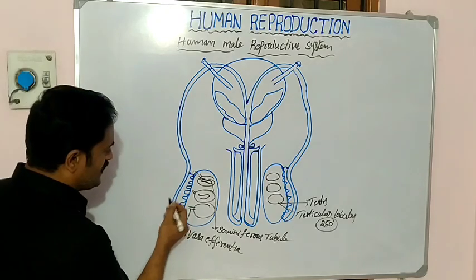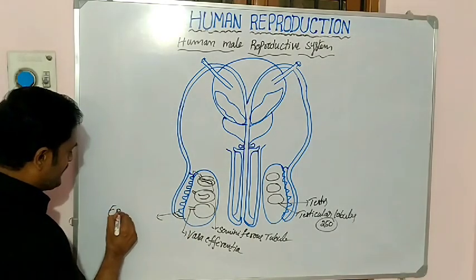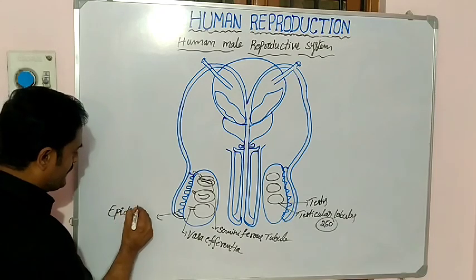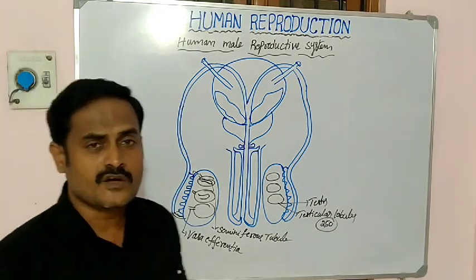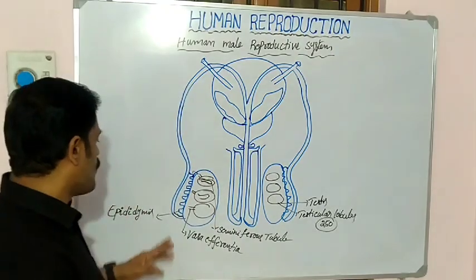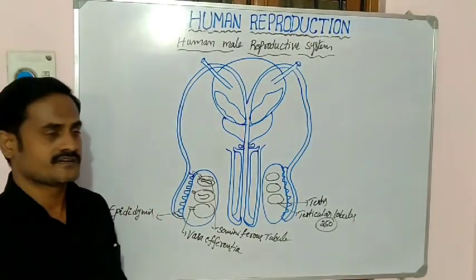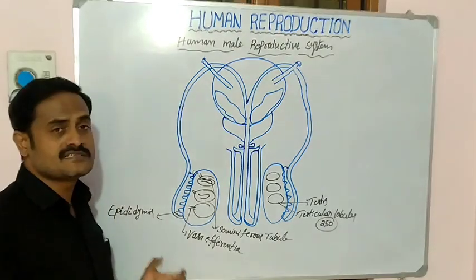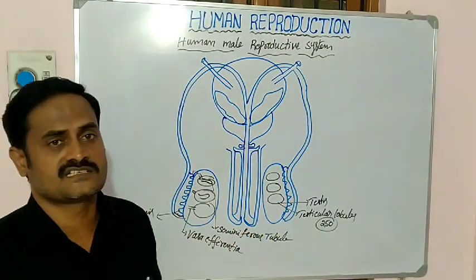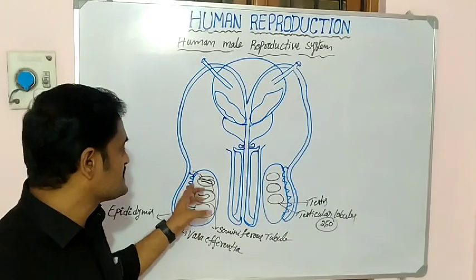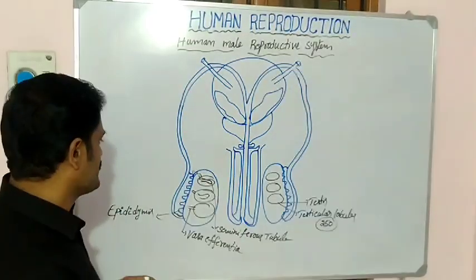This highly coiled arrangement is called epididymis. So now coming to the epididymis. What is the epididymis and what is its function? See, the epididymis is a highly coiled tube-like structure present in the human male reproductive system.